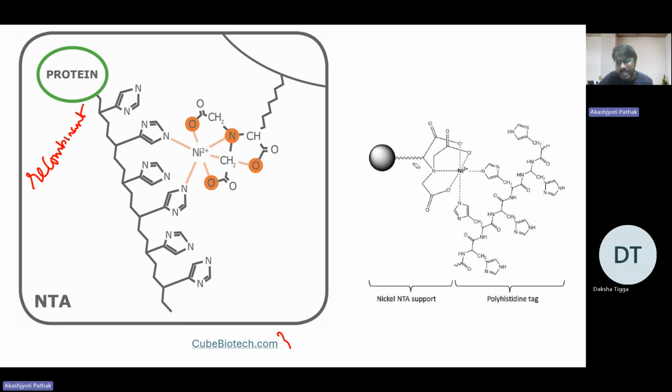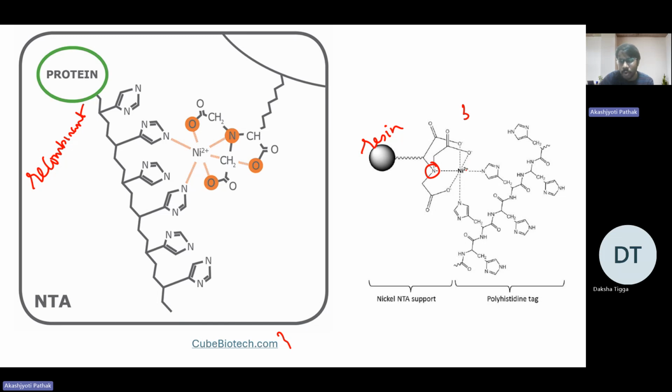Here also you can see this figure. This is your resin, and this resin has been immobilized with the NTA molecule, nitrilotriacetic acid. So N, then CH2COO minus, again N CH2COO minus. So there are 3 acetic acid groups, which is why it is nitrilotriacetic acid.